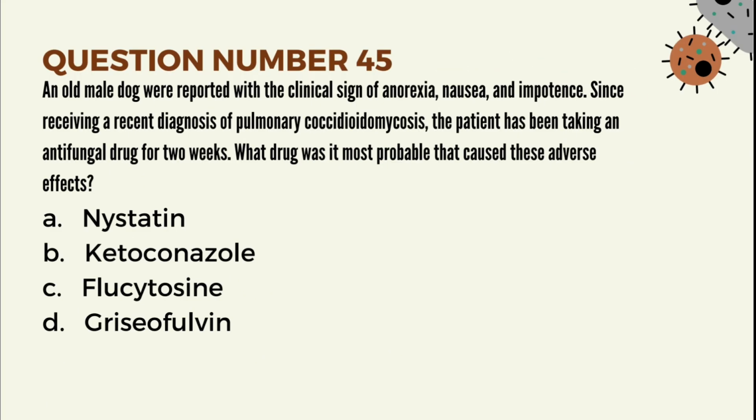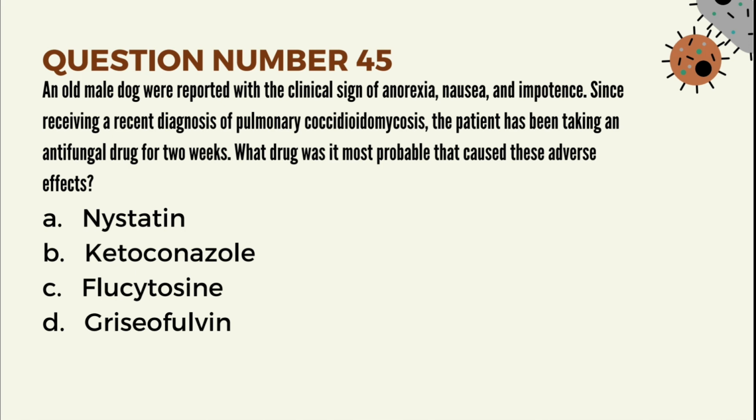Question number 45. An old male dog was reported with the clinical signs of anorexia, nausea, and impotence. Since receiving a recent diagnosis of pulmonary coccidioidomycosis, the patient has been taking an antifungal drug for 2 weeks. What drug most probably caused this adverse effect?